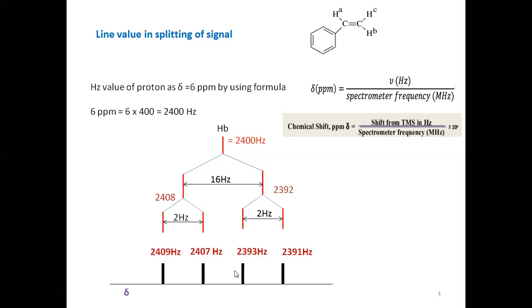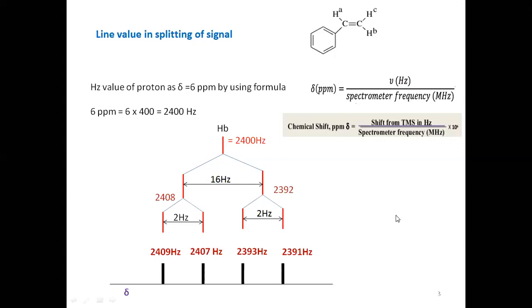So the values become 2409, 2407, 2393 and 2391. That is the hertz value of each line. Such questions are also asked in the paper, or in second year it is asked many times, and now it is in your syllabus. So maybe there is a chance to ask a question like this.